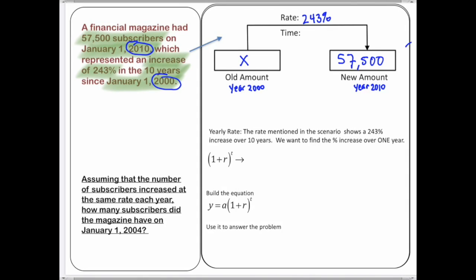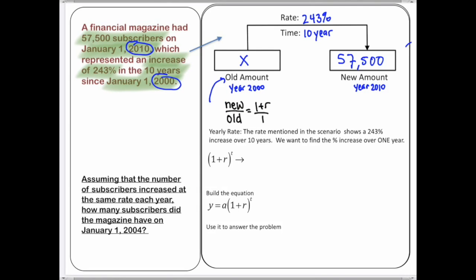And that is over 10 years. So what we're looking at is kind of the same thing: we want to find out what this old amount is, and we want to start plugging it in the same way that we did in the first example. In this example, we're going to use the final equation to make predictions about how many subscribers there were in any particular year. So let's take a look at setting this up in the first part.